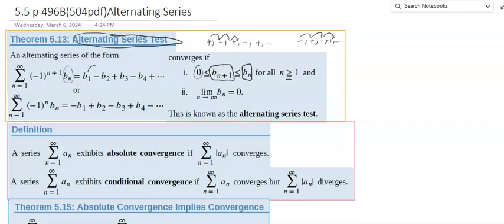Then this term is positive, negative, positive, negative. Or you start with a negative, then a positive, then a negative, then a positive. That's called alternating. So first condition, b sub n must be positive.